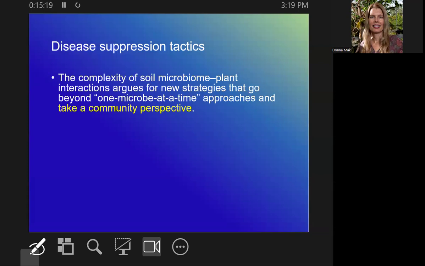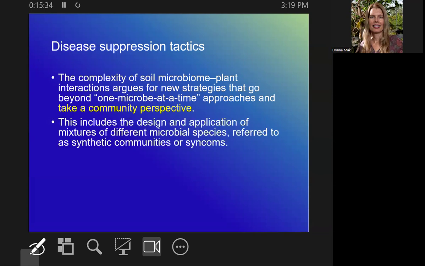Instead of one microbe at a time, when we're trying to come up with biocontrol agents, can we create a synthetic community of biocontrol agents where we create mixtures? That's a big thing right now. There's a big push for that. And that's where they started using the word SynComs. So that's where that's coming from.